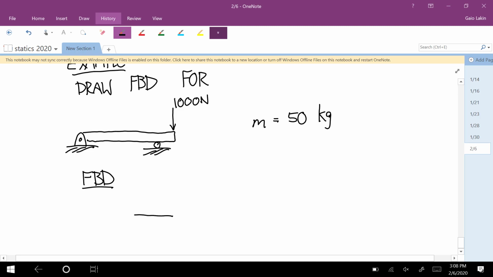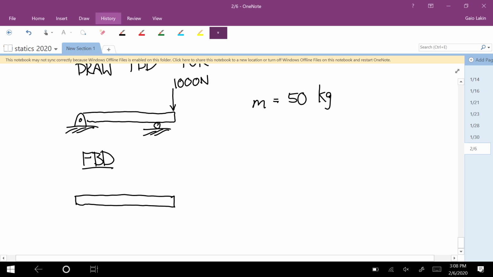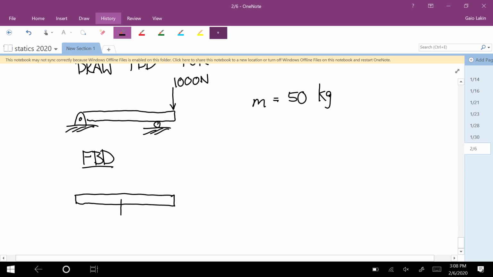Okay, draw an outline of the body. At the center of mass, there's a downward force of 50 kilograms times 9.81. So that's 490.5. And then there's the 1,000 Newton force there.